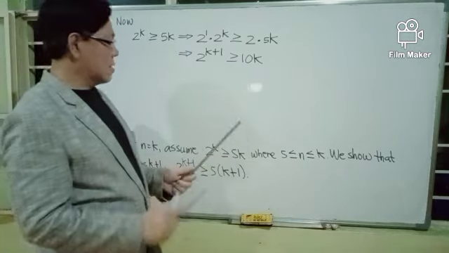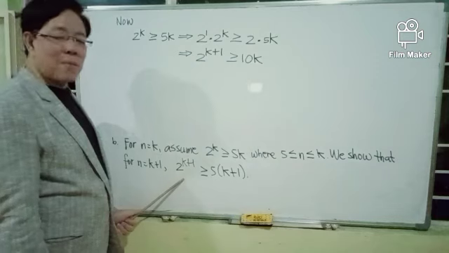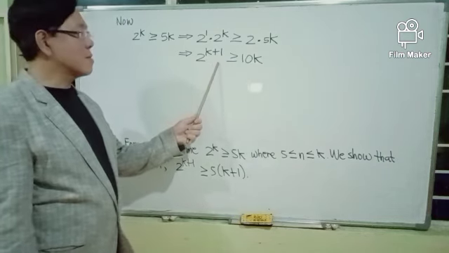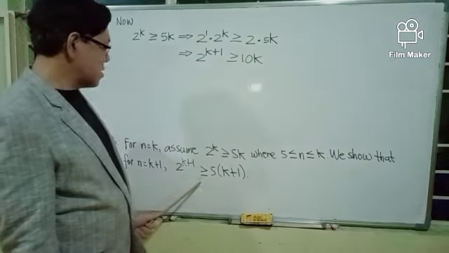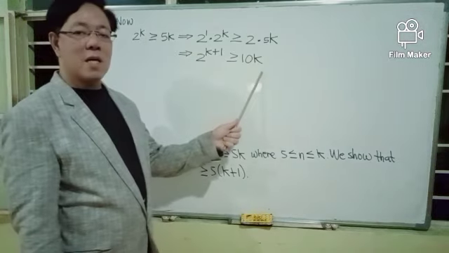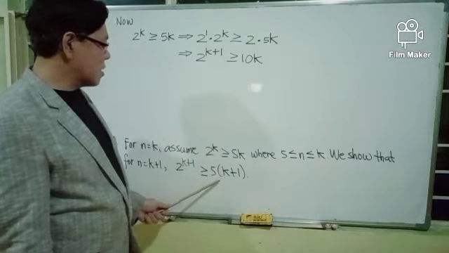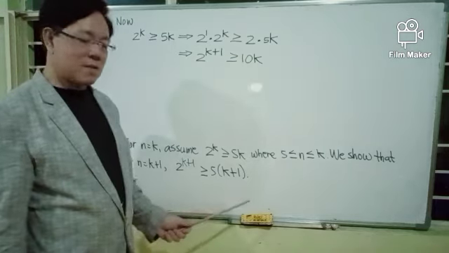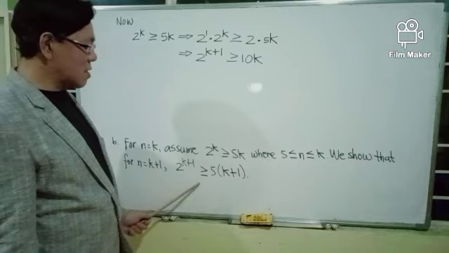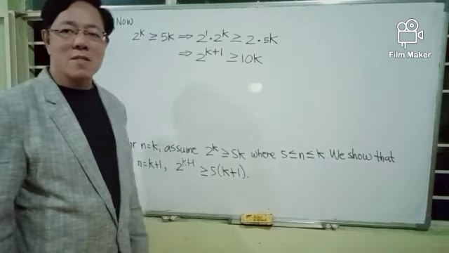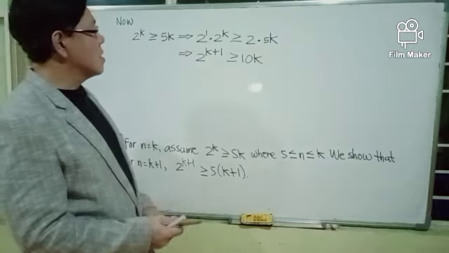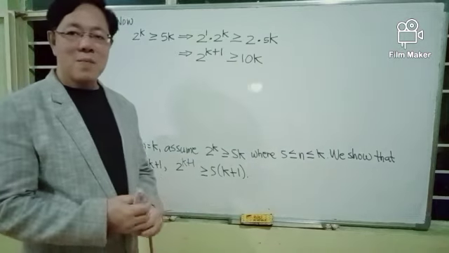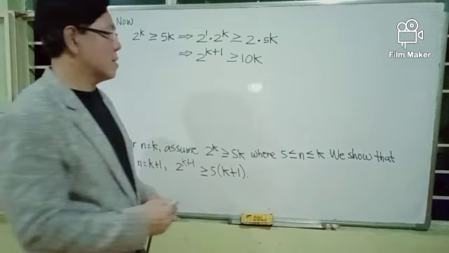Now we have 2 to the power k plus 1 at the left hand side, greater than or equal to 10k, but we want 5 times quantity k plus 1 at the right hand side. And we must show that this inequality sign is still satisfied. Now 10k can be written as 5k plus 5k.